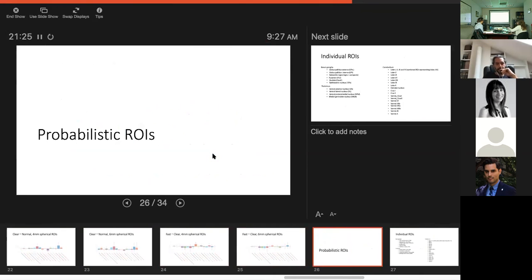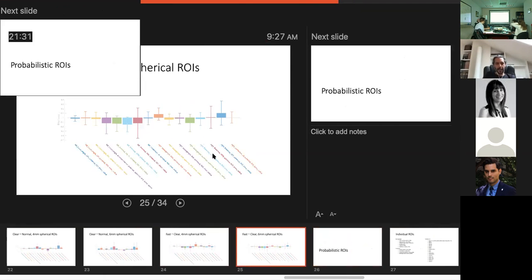I know I've gone through that super quickly. I don't know if there's anything you want to look at in a bit more detail. One thing that would be interesting to see is how we could test for there just being lower activation in the fast condition across the subcortical regions. Is there a way to do that?